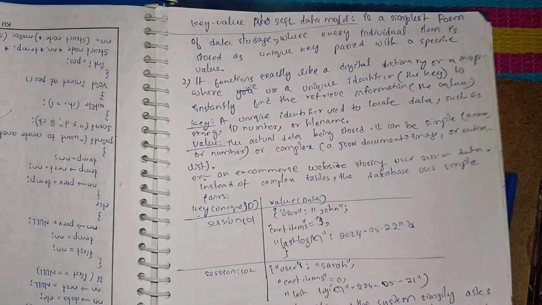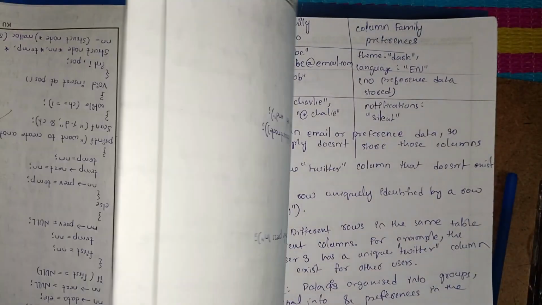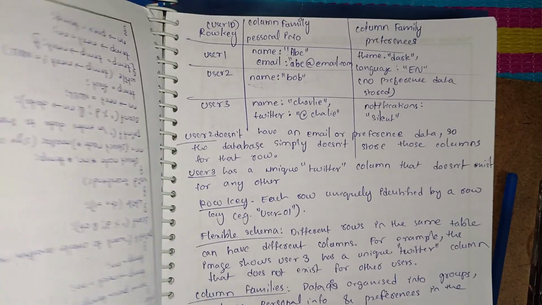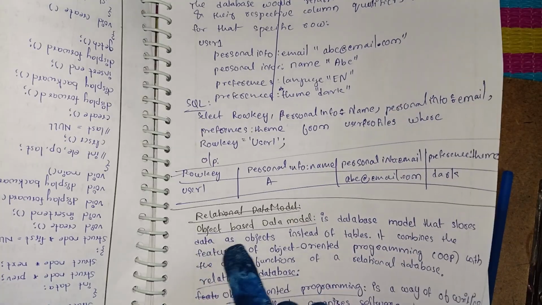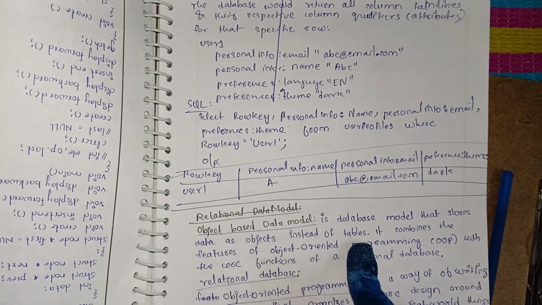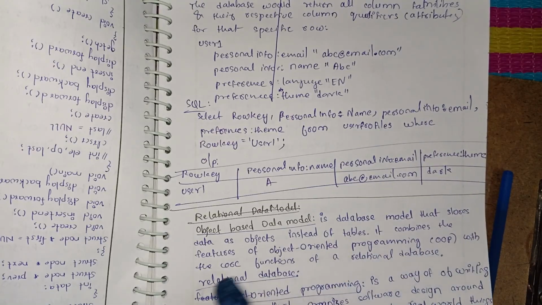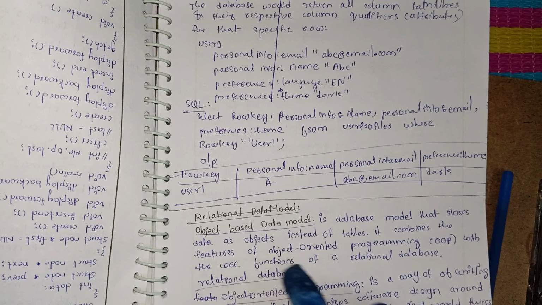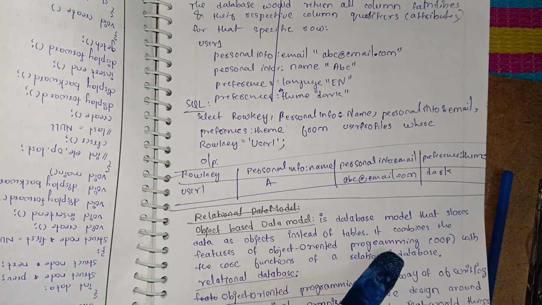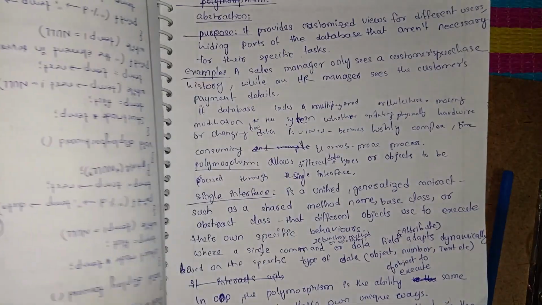So now the object based data model is the database model that stores data as objects instead of tables, and it combines the features of object oriented programming with the core functions of a relational database. We have seen the features of object oriented programming, and then we will see the core functions of a relational database.